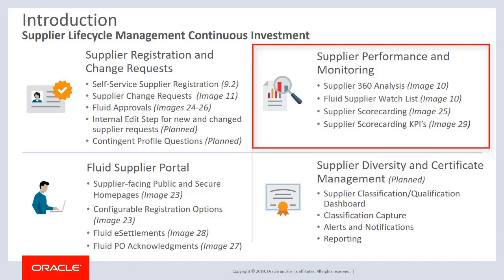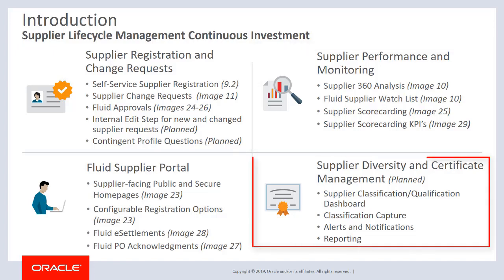With Supplier Scorecarding, you strengthen your company's ability to strategically manage suppliers, reduce supplier risk, increase supplier visibility, improve data management, and improve the bottom line. Our next significant investment area is Supplier Diversity and Certificate Management, along with a Qualifications dashboard.